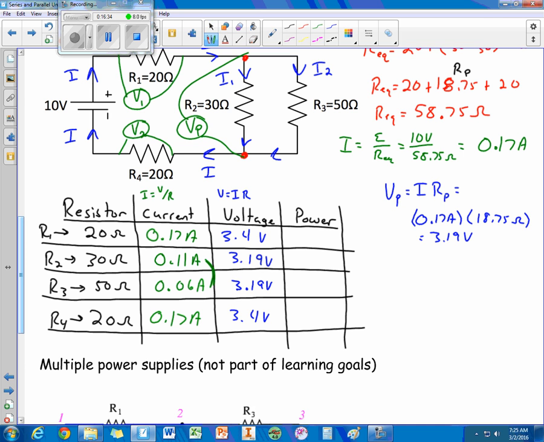Finally, power. It is current times voltage, so I just take my 0.17 times 3.4. I just fill up the rest of the table.